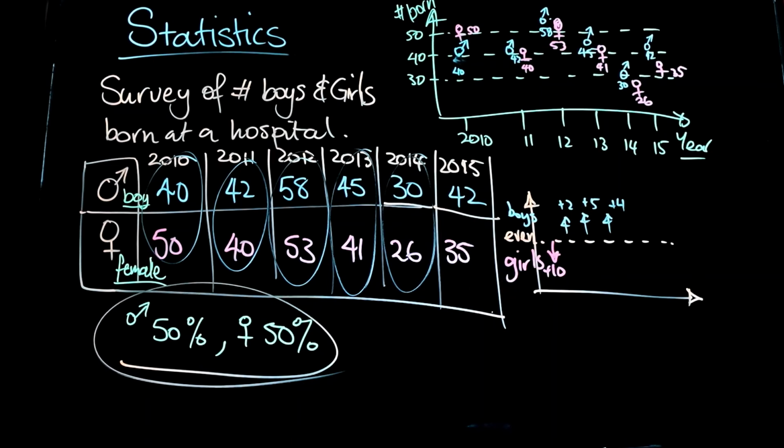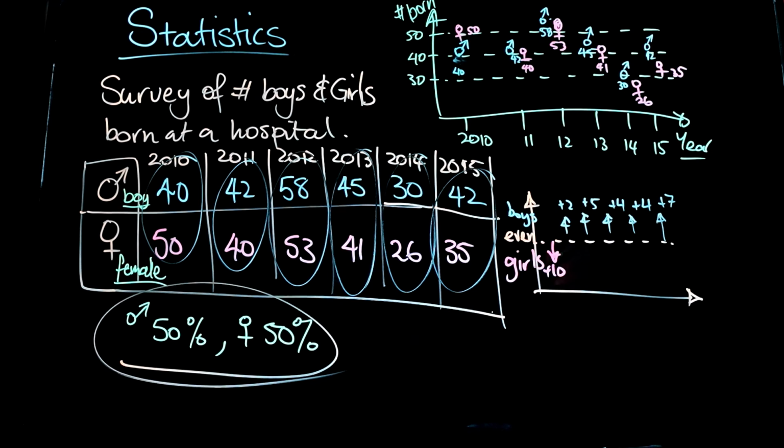And plus another 4. And here, finally, what happened? I've got 7 more boys. Okay, so to answer this question, what I want to show you is that setting up this graph gives me the differences each year.